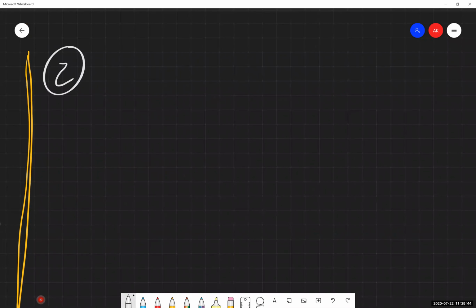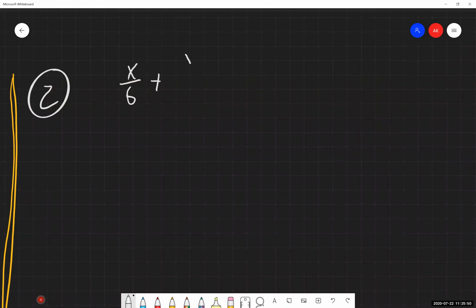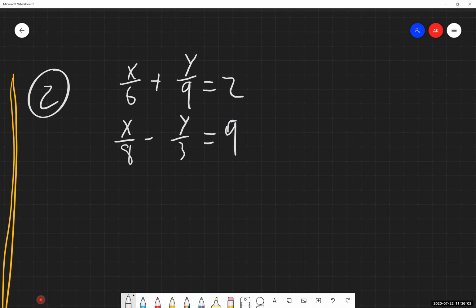So our first equation, second equation. All right, making sure I wrote this down correctly. So we have x over 6 plus y over 9 is equal to 2.